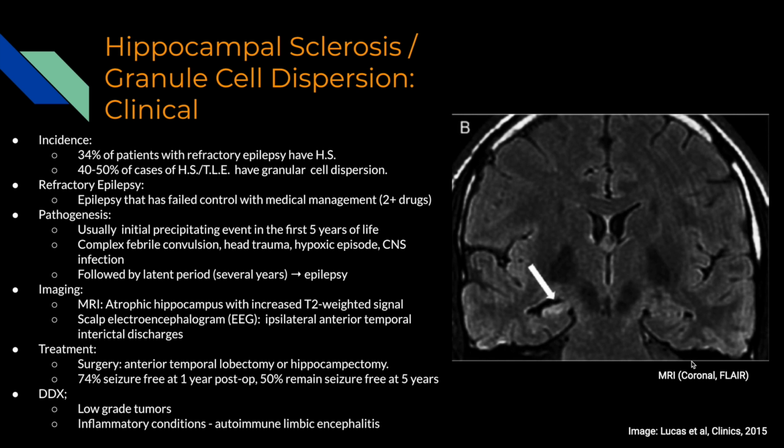The disease is epilepsy. And really how this process occurs, it's thought that there is an initial precipitating event that happens in the first 5 years of life, usually some sort of complex febrile convulsion, some head trauma, a hypoxic episode, an infection of the brain that leads to some insult and perhaps an isolated epileptogenic event.